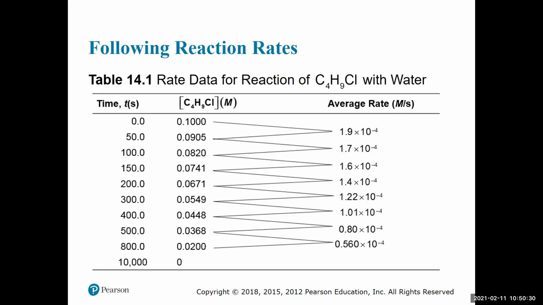So that's pretty typical. Your initial rate is your fastest rate, and then it goes down. And why does it go down? Well, one of the things we said it's dependent upon is concentration, and that butyl chloride concentration is going down. If it's going down, then there's less of it. And so that means there's fewer molecules, less likelihood of collisions happening. And so the rate slows down.